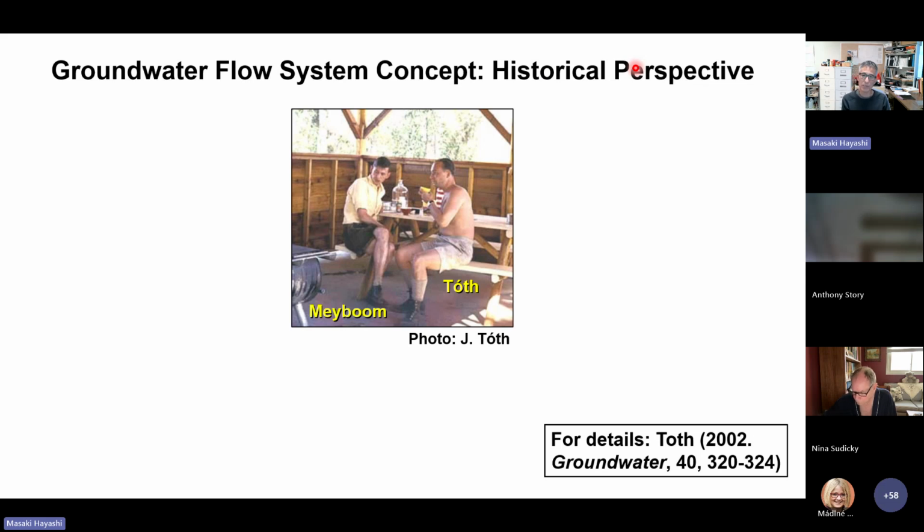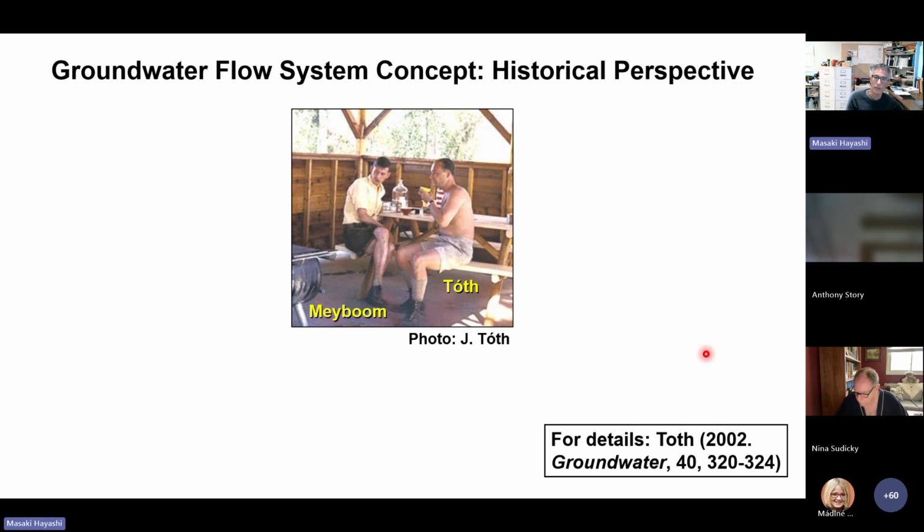You might have seen this picture in his very informative and interesting paper. This is his autobiography published in Groundwater. Joseph, of course, came from Hungary, but he settled in Alberta in the late 1950s.